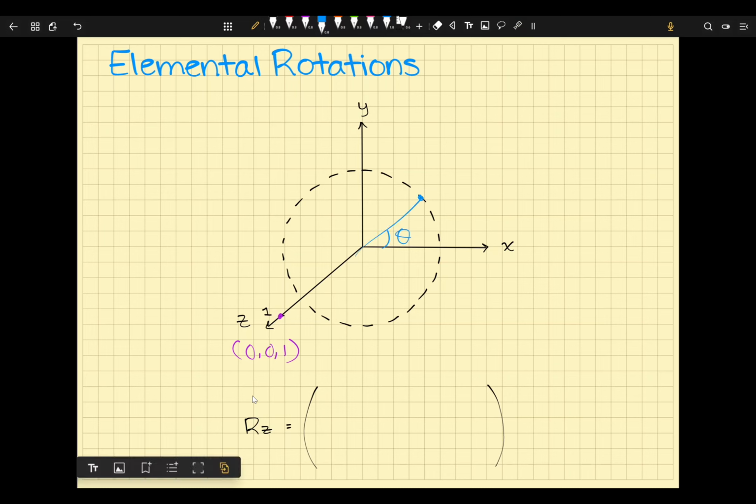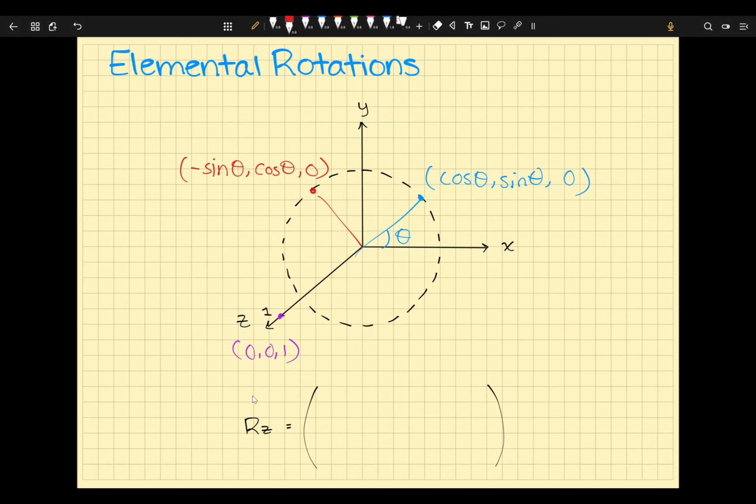Well, this is again going to be cosine theta, sine theta, and then for the z component, we just use 0. And for the y-axis, it's going to move over here to negative sine theta, cosine theta, and then again a 0 along the z-axis. So then in sum, our x-axis moved to cosine theta, sine theta, 0.